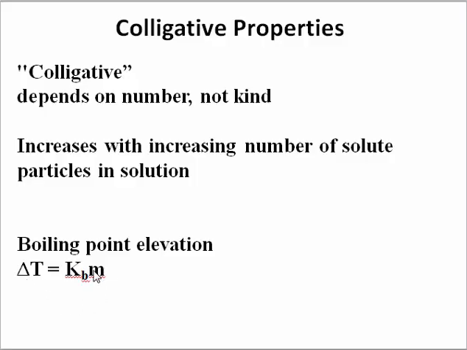On the right-hand side, we have the molality of the solution multiplied by the boiling constant. So the increase in the boiling point will increase as the molality does. Naturally, if you want to know the boiling temperature of the solution, you add this increase to the normal boiling temperature of the pure solvent.